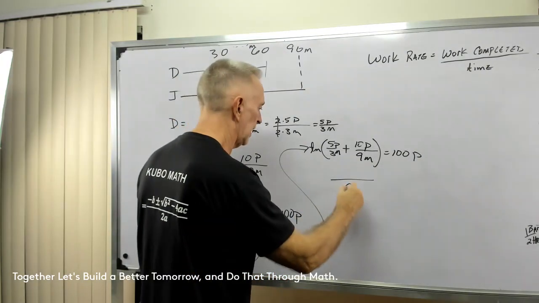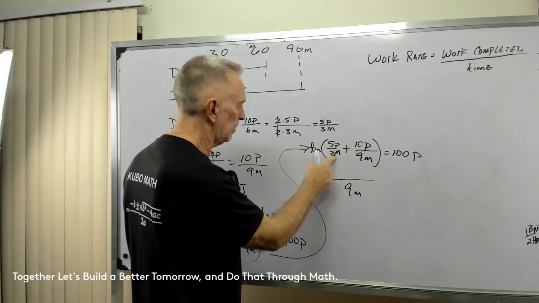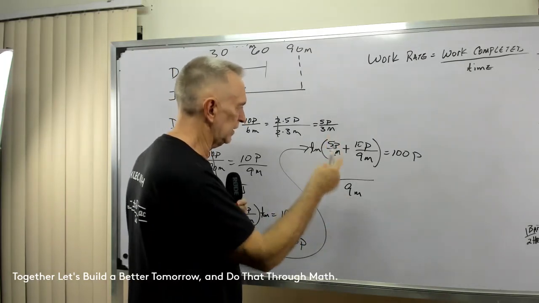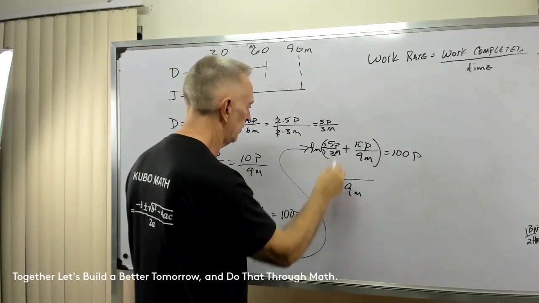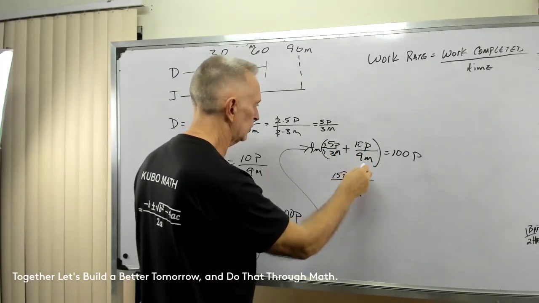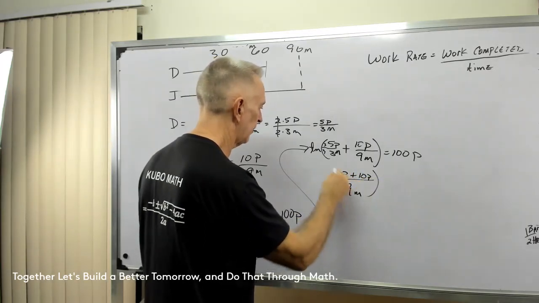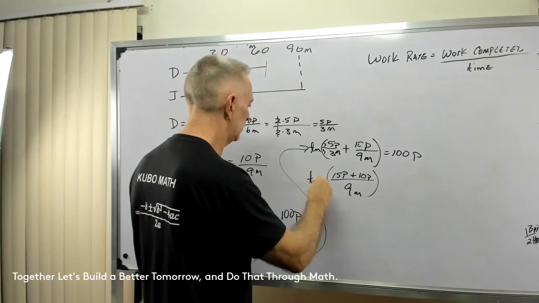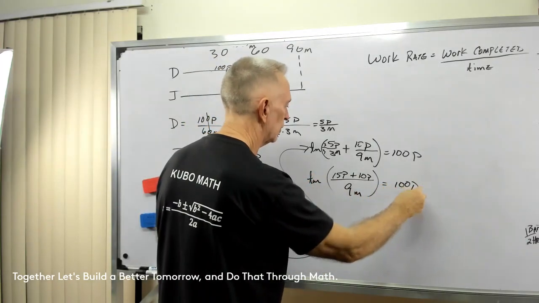Alright, so we have 9 minutes as our denominator, so 3 minutes will go into 9 minutes 3 times. So I'm multiplying this by 3/3, so that gives me 15 papers, plus this already is in 9 minutes, so 10 papers. That's times time in minutes, and that equals 100 papers.